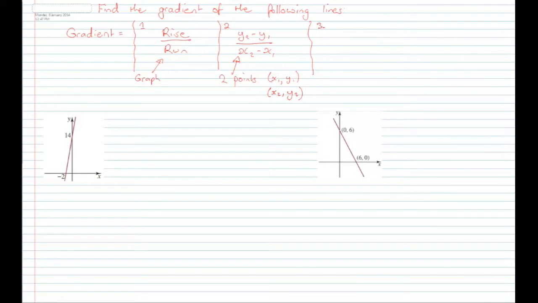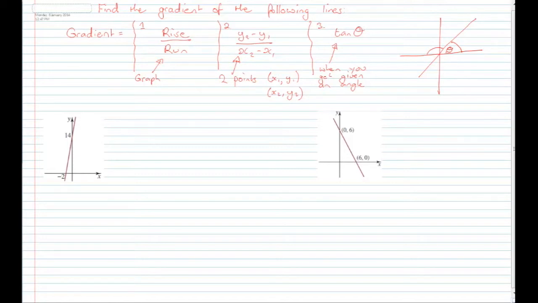And finally, the third one, which is probably a bit new to you, is that the gradient is also equal to tan theta. You use this one when you get given an angle. The angle is always the bit between the right hand side of the line and the x-axis. So if you get given an angle, you need to find the angle that is made here, the tan theta.